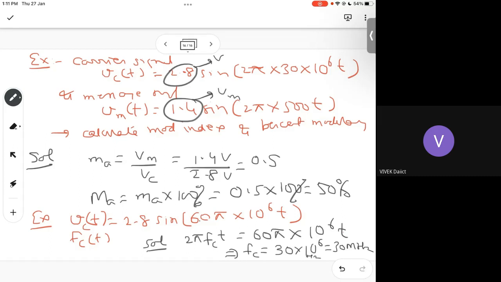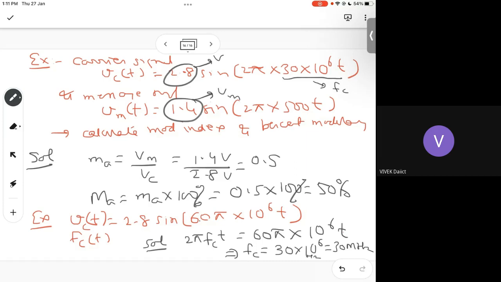Please make sure that if something is given like 60π into 10 to the power 6, it doesn't mean your FC is 60π into 10 to the power 6. Your FC turns out to be 30 megahertz.